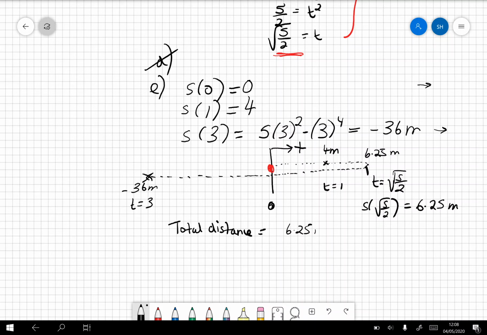So we have to go this way 6.25, back to the origin 6.25, and then finally the 36 backwards. And if you add all of that up together, you get 48.5 meters.